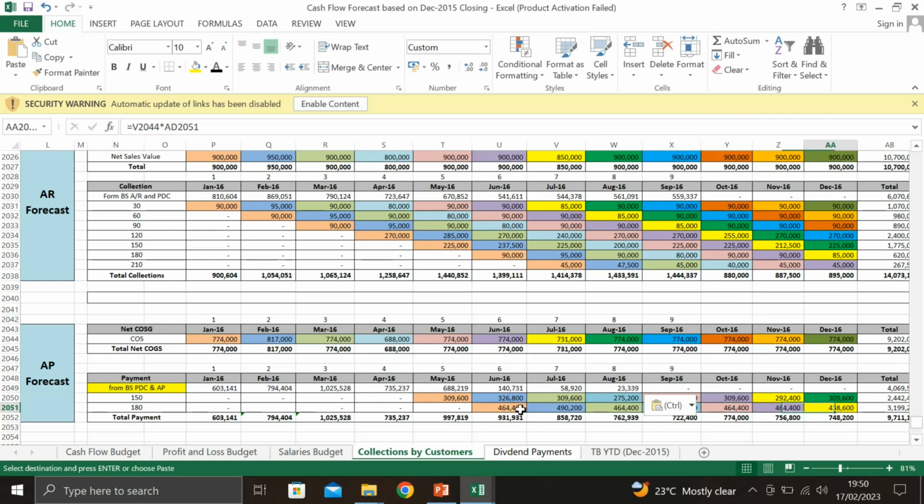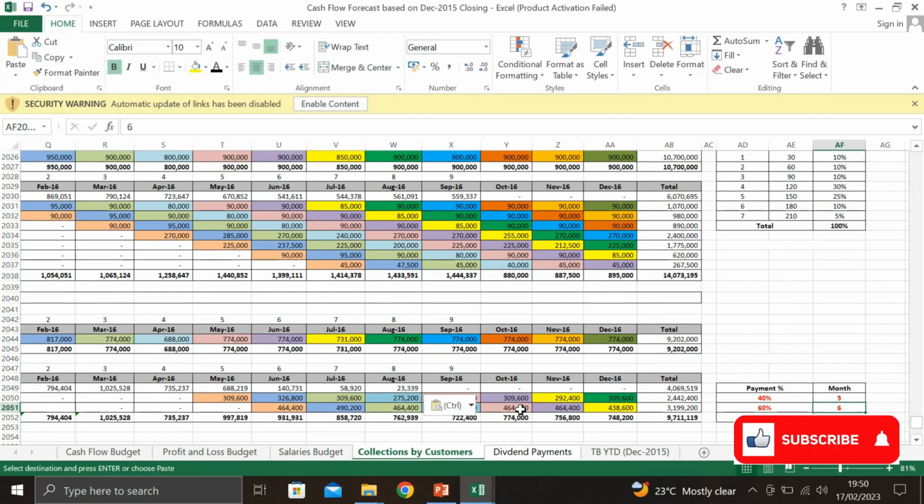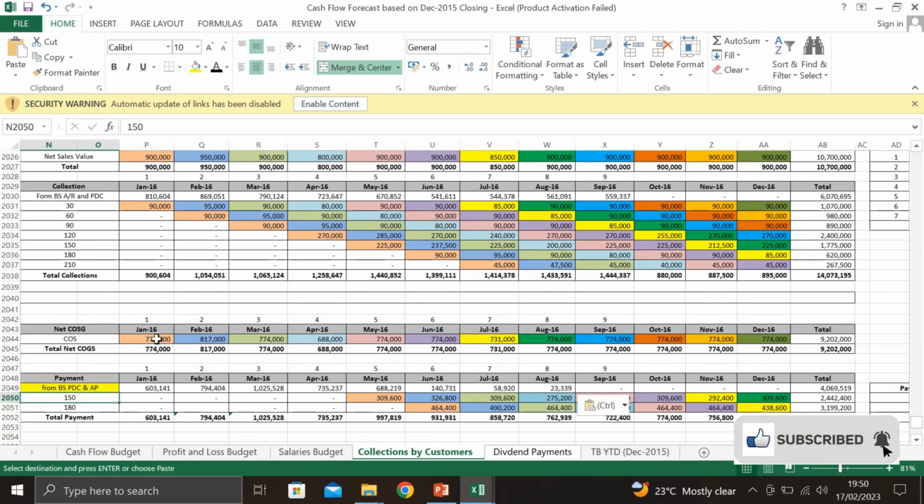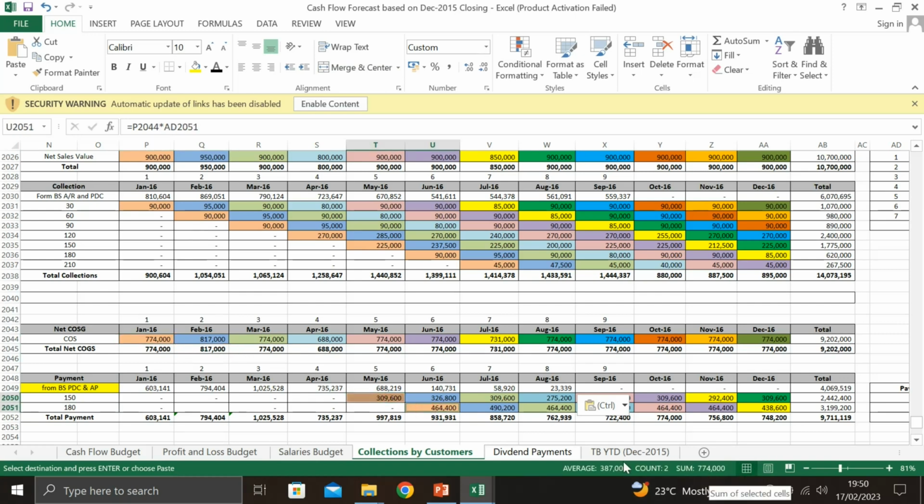You will review the payment history of the last months, and you will see that 40% of my suppliers I make the payment in 5 months, and 60% in 6 months. So accordingly you will apply the formula here, that this purchase of 774,000 I will pay in May and in June 774,000.